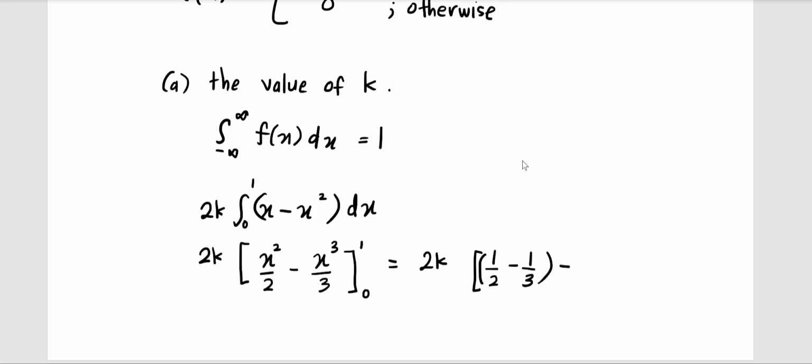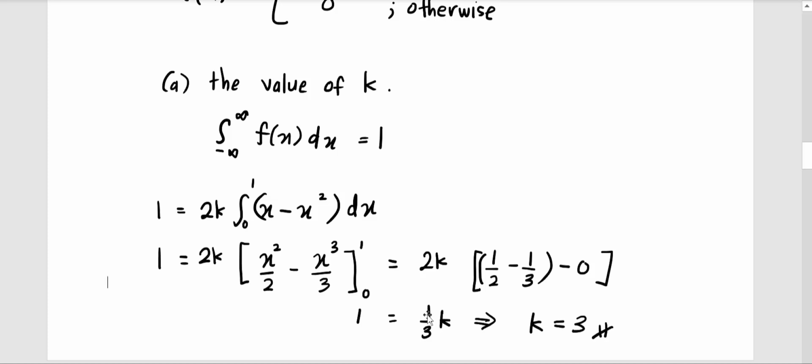We get 0 squared divided by 2 is 0, minus 0 cubed divided by 3 is 0, so we have 0. We simplify, then we get 1 over 3 k, and we know that this is equal to 1. So 1 over 3 k is equal to 1, then we get k is equal to 3.